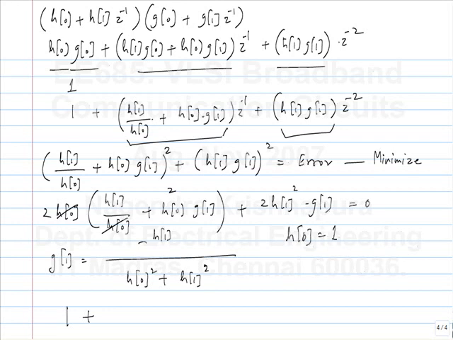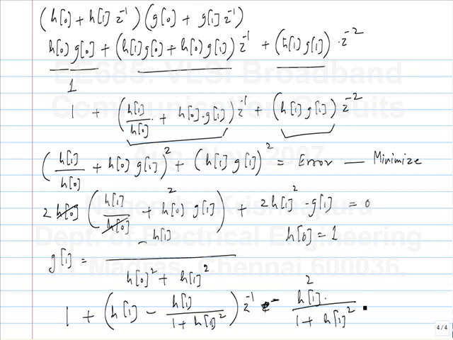It doesn't change anything, right? So we'll get H1 minus, with H0 as 1 and G1 as minus H1 by 1 plus H1 square, Z inverse plus H1 times minus H1 square by 1 plus H1 square.